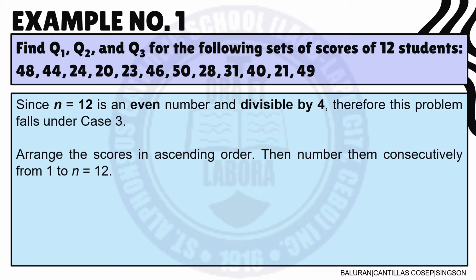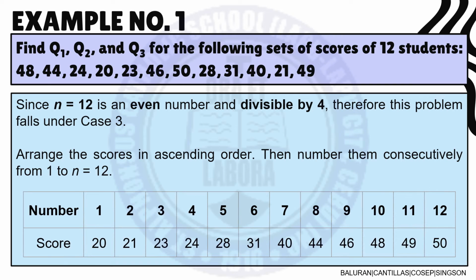So the second step is to arrange the scores in ascending order, meaning from smallest to highest. Then number them consecutively from 1 to n equals 12. I have here the table of scores which is arranged from smallest to highest.